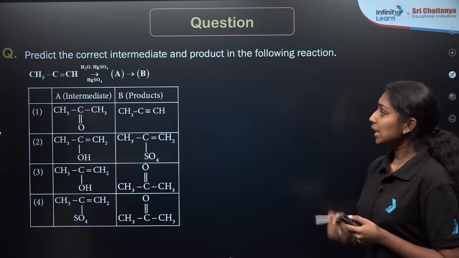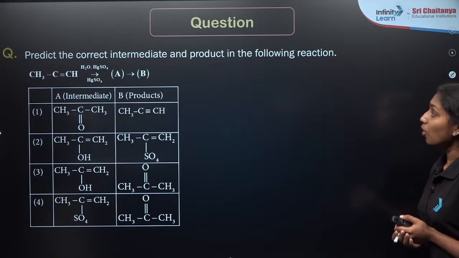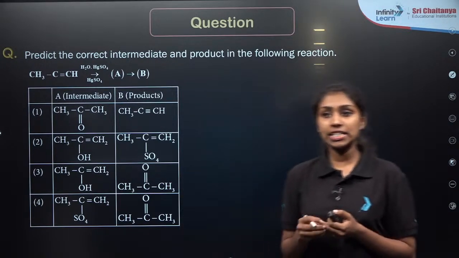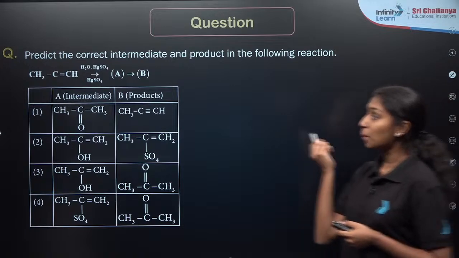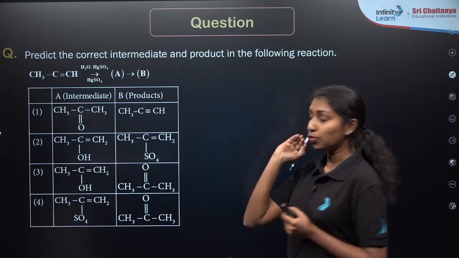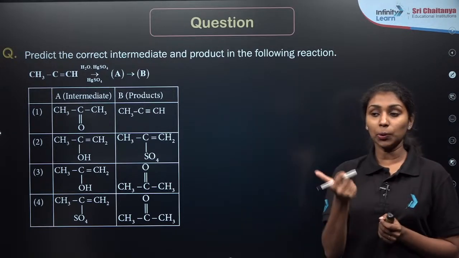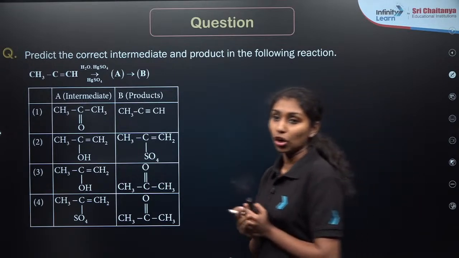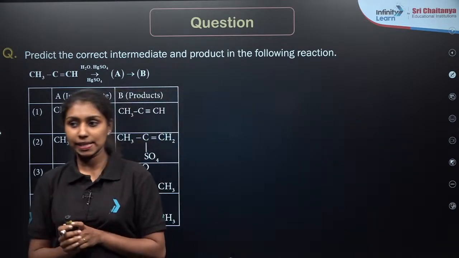Here is the next question. Predict the correct intermediate and product in the following reaction. Addition of water is here. If you are taking the propyne molecule and adding water, first you will get an enol molecule, then it will undergo tautomerization to form the corresponding carbonyl compound or ketone. What will be the answer here?